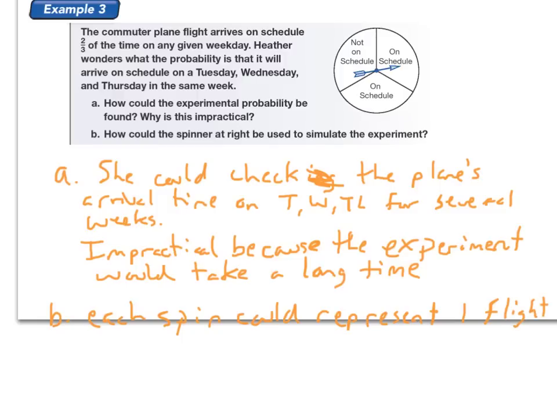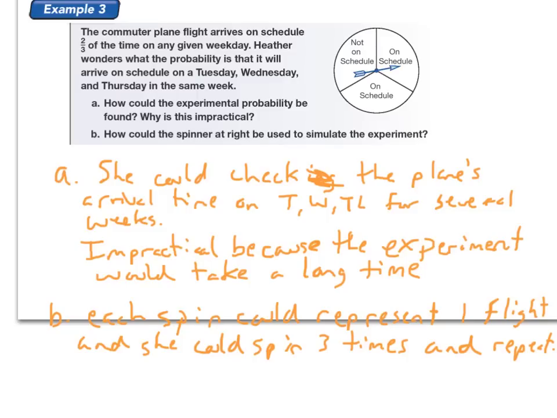She could spin it 3 times in a row to simulate Tuesday, Wednesday, Thursday. So she could spin it 3 times and repeat. She could spin it 3 times and count how many were on time and how many were not on time.